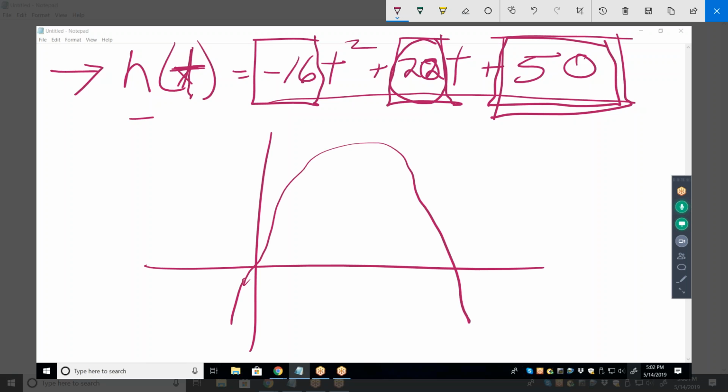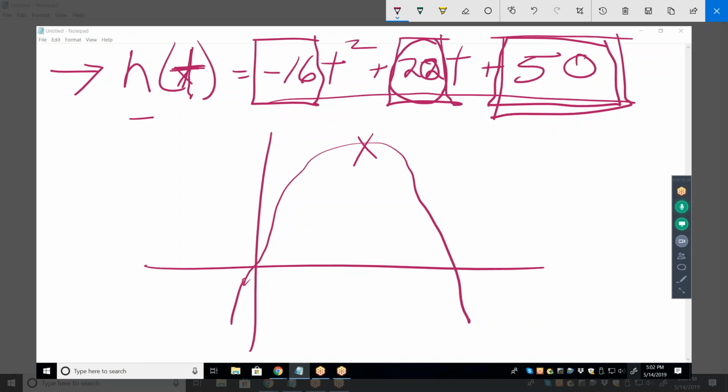And that's the exact way that this ball is going to go. So if we want to find, I believe you had two questions, finding the height and finding when it hits the ground, right? Yeah, finding when it hits the ground and the height.